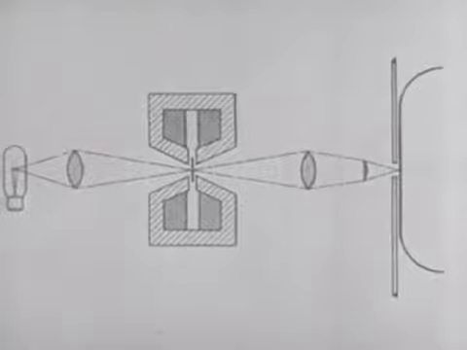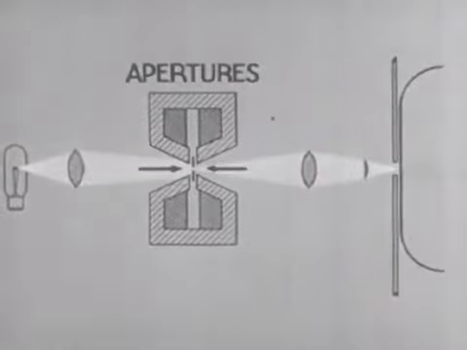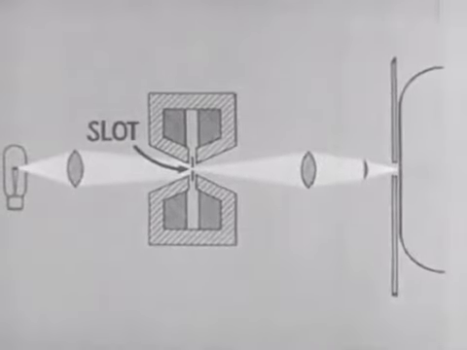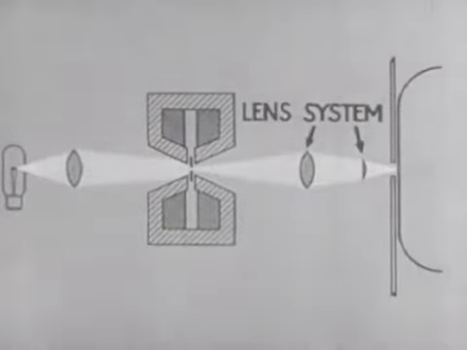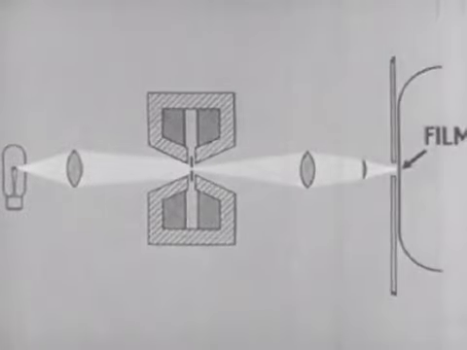A steady light, concentrated by a lens, passes through apertures in the magnetic pole pieces. This light is varied by the slot defined by the ribbons, and is concentrated by another lens system to form a very fine line of light on the photographic film.